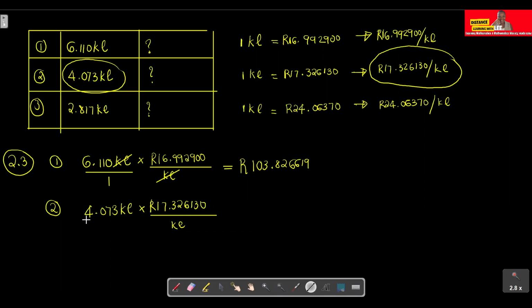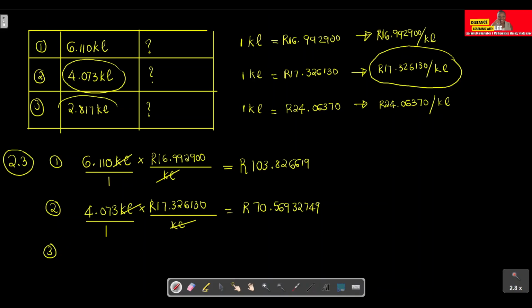Here the kiloliters and the kiloliters cancel, and this just helps you see that whatever value you're getting is in rands. So in the second block, he pays 70.569327 rand.